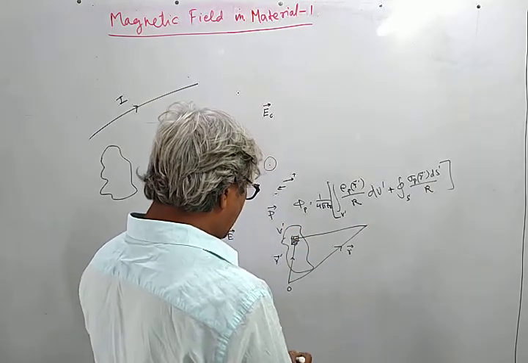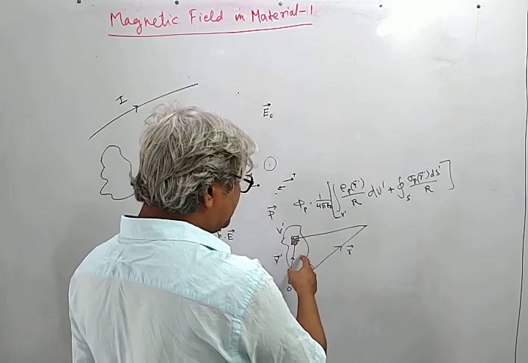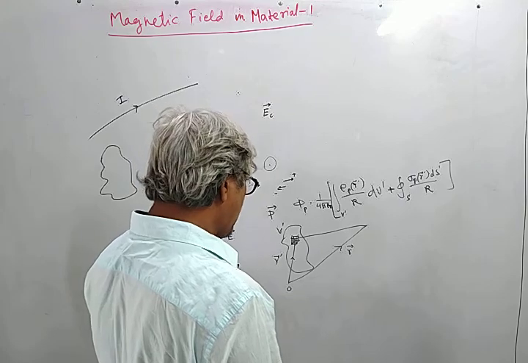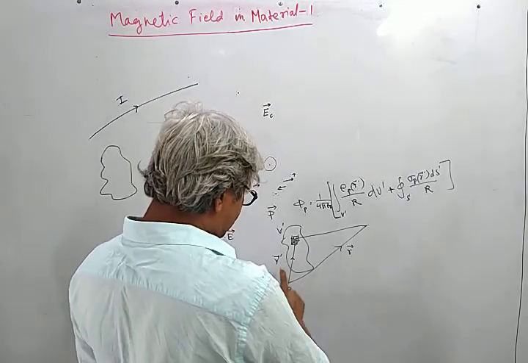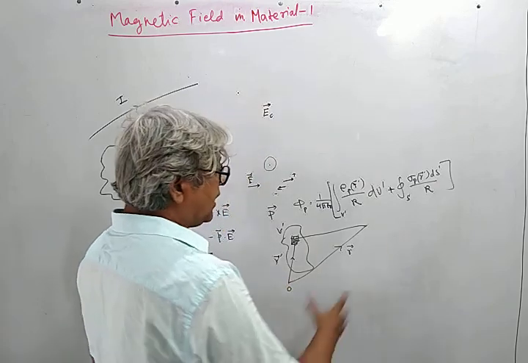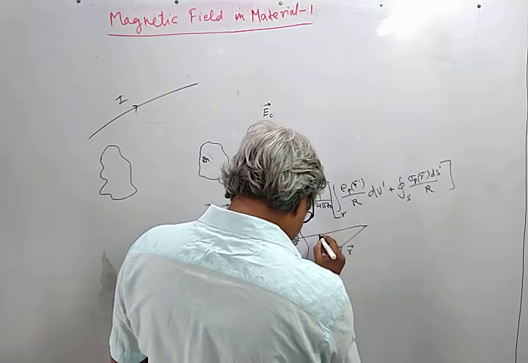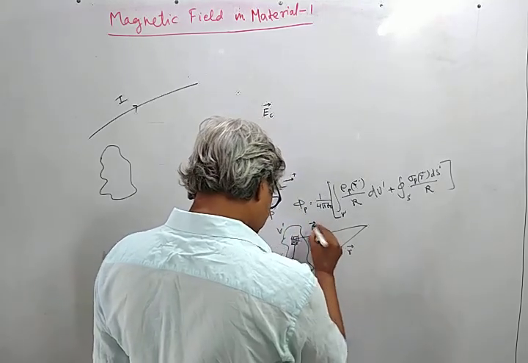In general, this phenomenon happens in the atomic dimension, and we generally find out the field a few centimeters away. So R is much greater than R prime, so that it is sufficient to retain the first order term only, and this is the relative coordinate R, a relative position R.